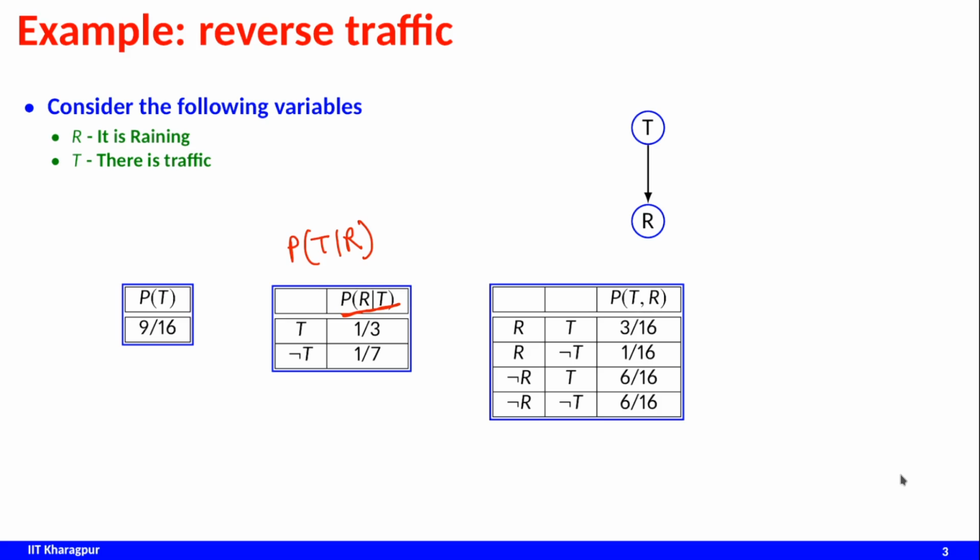Finding out this probability is easy. When I know rain or no rain, I can find out whether there is traffic or not. But if I observe traffic and have to determine rain or no rain, that is the difficult part. So if I try to determine this probability table, it will be difficult to obtain. But when I try to find out this one, it is relatively easy to figure out the conditional probability table.